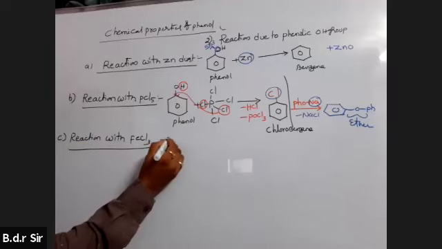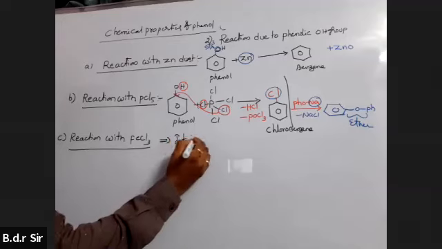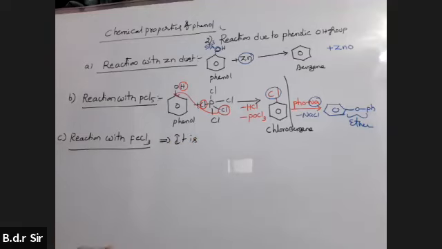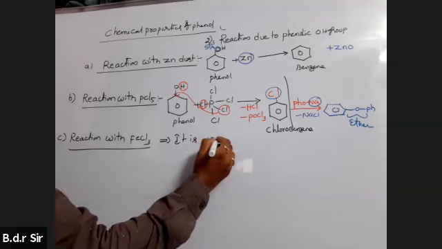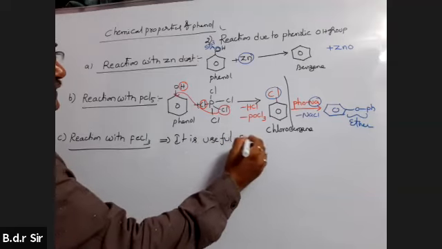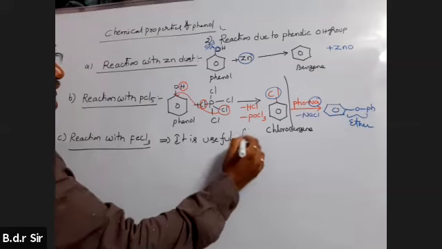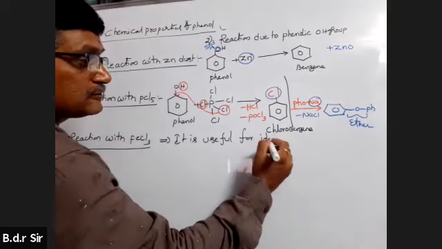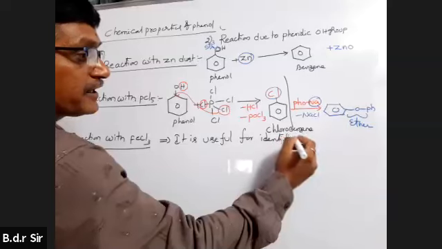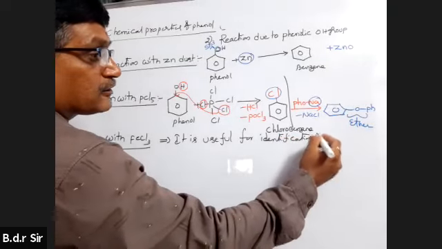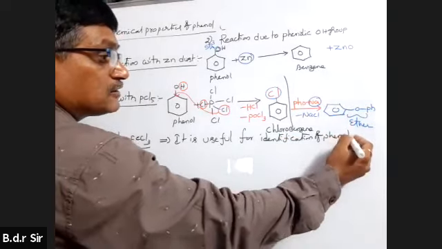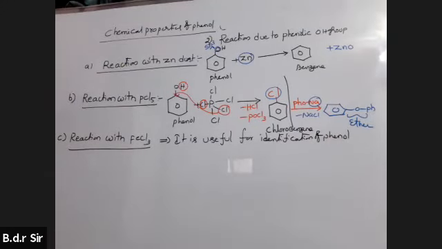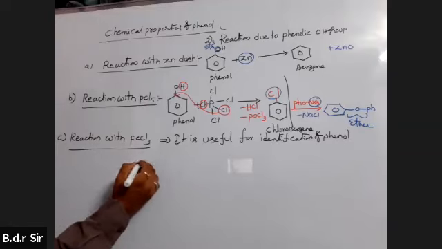First, it is useful for identification of phenols. How, sir? Due to the formation of color. Which color? Violet color.